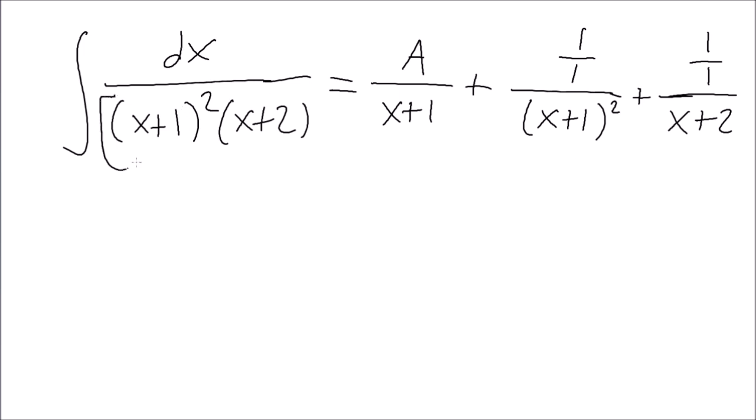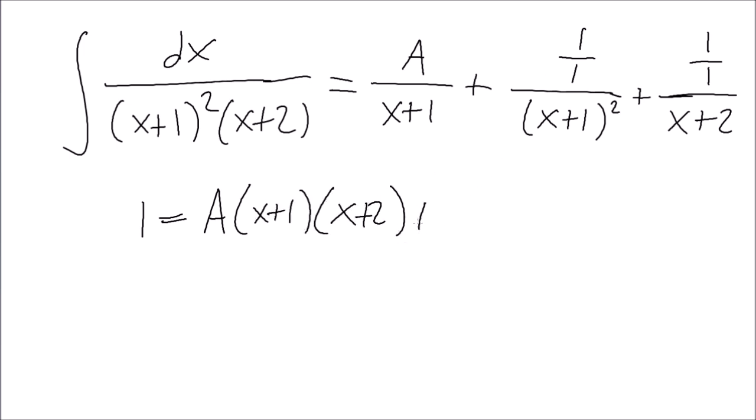When we multiply this whole chunk to both sides, we get 1 here, and here we get a times x plus 1, where the x plus 1 gets canceled out by one of these, so we have x plus 1, x plus 2. Then plus here we have 1, this x plus 1 squared gets canceled out with this, so it's just x plus 2, then plus x plus 1 squared.